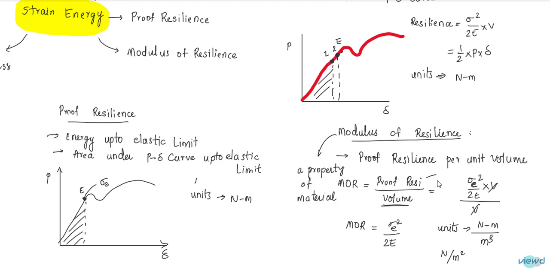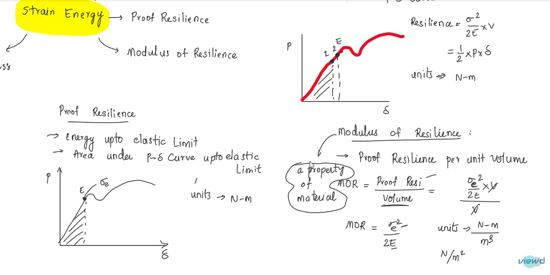Proof resilience will not be constant, but if you see this formula, sigma E square by 2E, elastic stress will be constant for a particular material, and Young's modulus will be constant for a particular material. So modulus of resilience gives us a property of material.